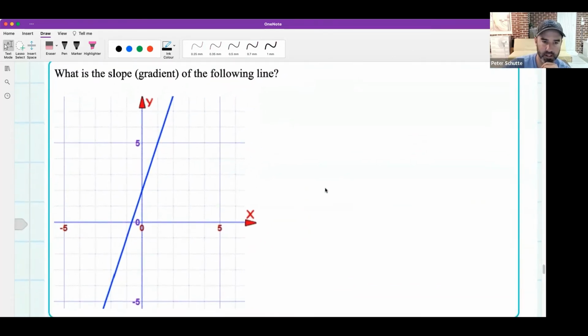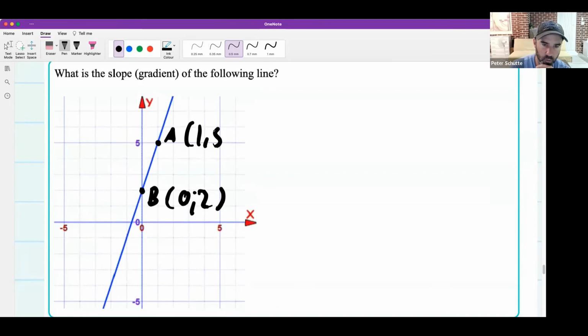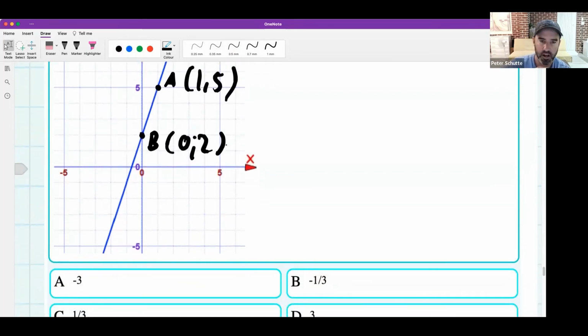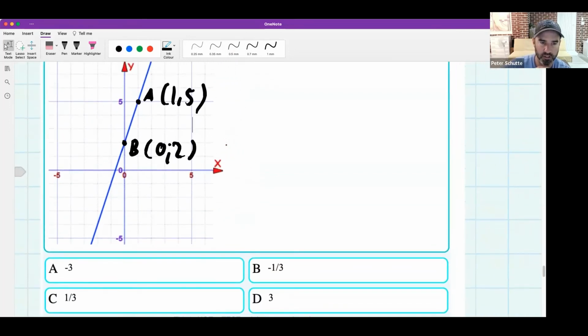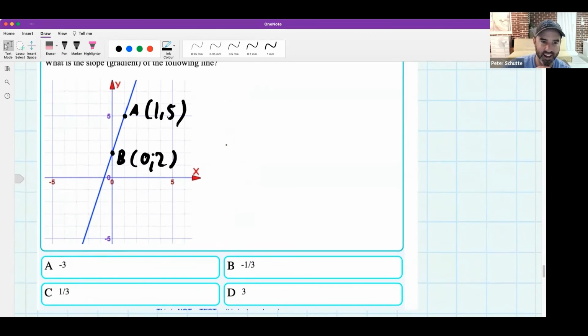Okay, I'm going to make it a little bit easier for you. I'm going to give you a point A, and a point B. This is going to be the point 0, 2, and this is going to be the point 1, 5. I want you to work out the gradient of that line for me.